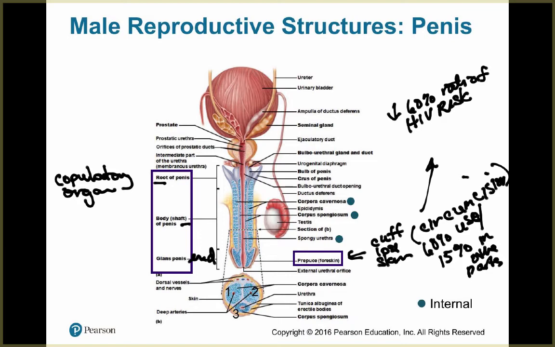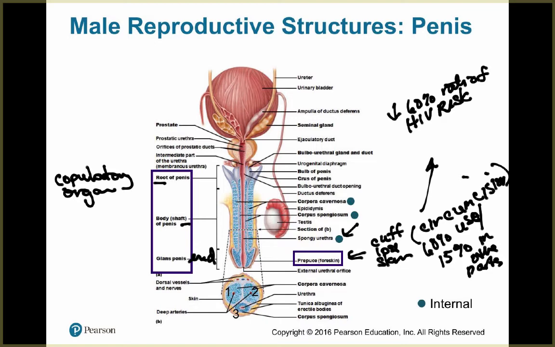Now, internally, the penis is made up of basically the spongy urethra and 3 cylindrical bodies of erectile tissue. So if you look here, the spongy urethra is right in here.